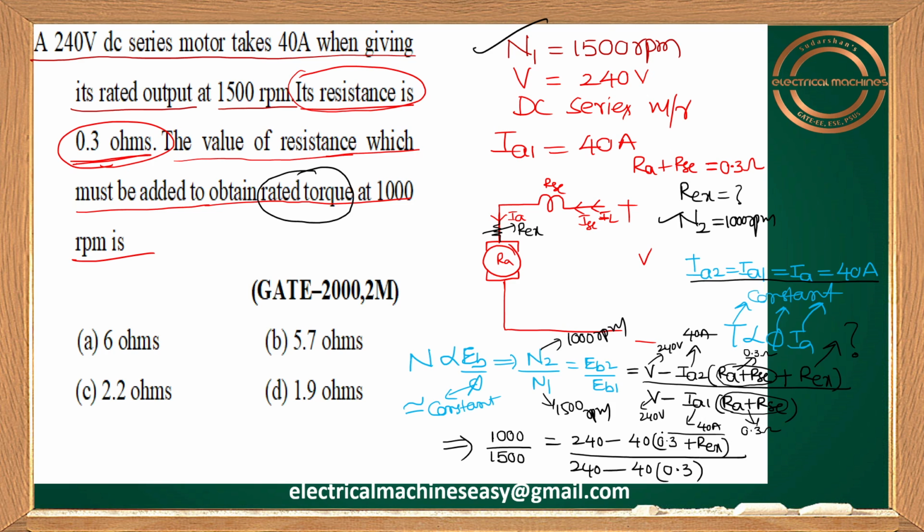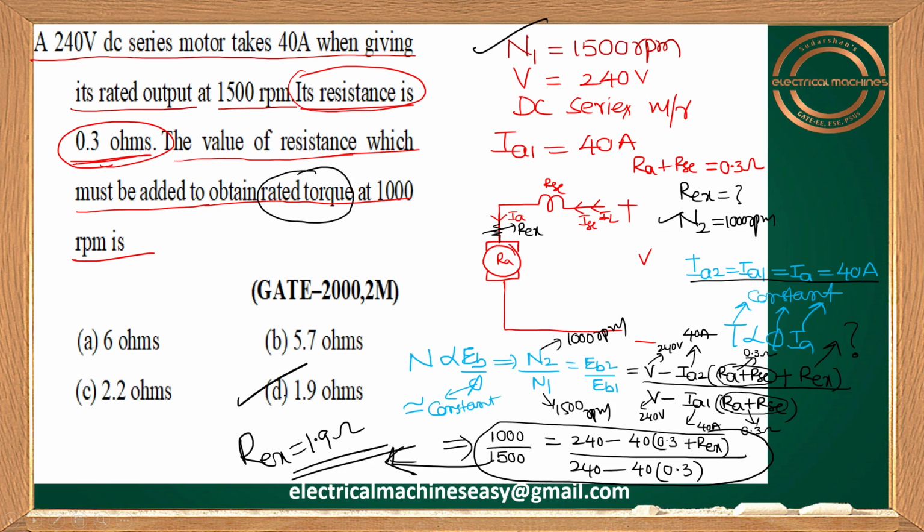So guys, from this expression, if you do the calculation, tell me how much Rx you are getting. After calculation, you get Rx value 1.9 ohms, so option D is correct.